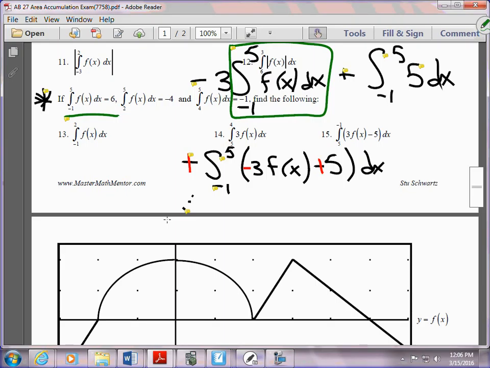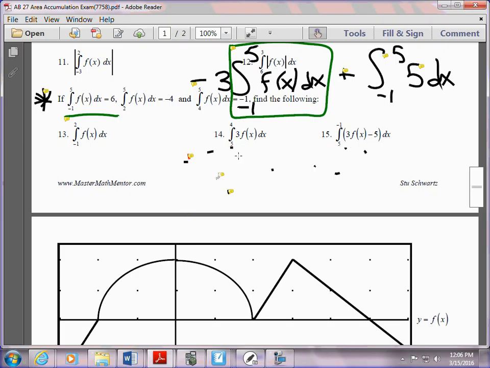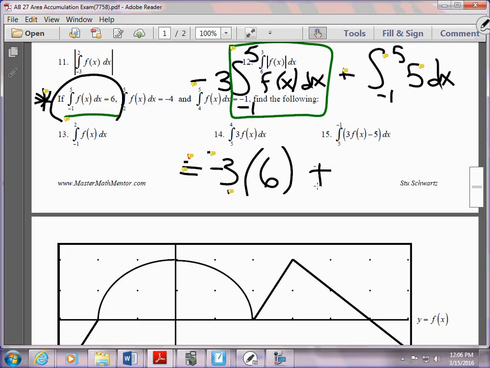So we get -3 times 6, plus, what's the antiderivative of 5 with respect to x? 5x.